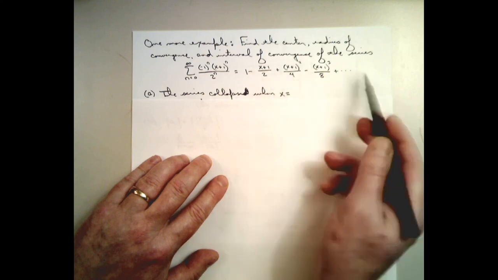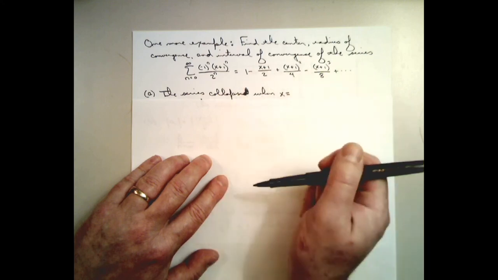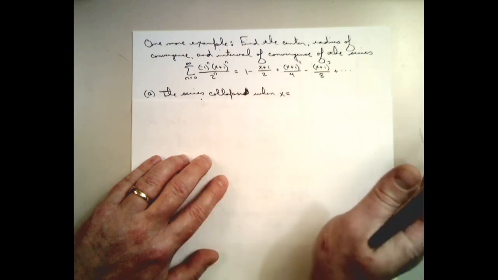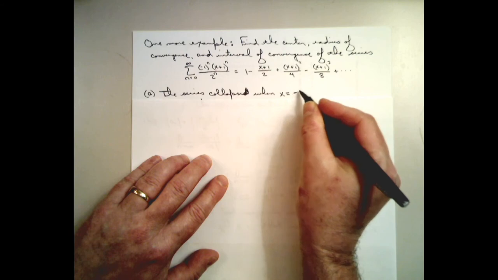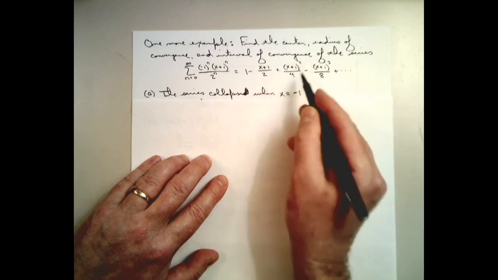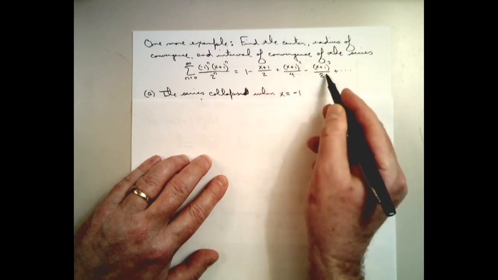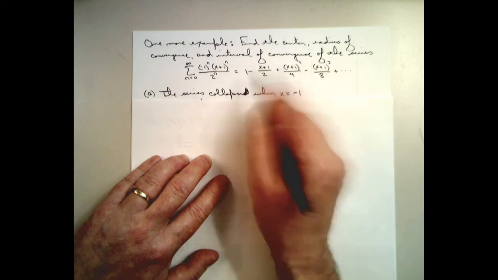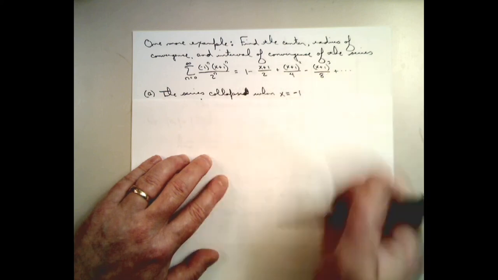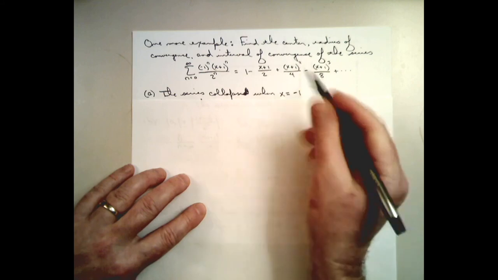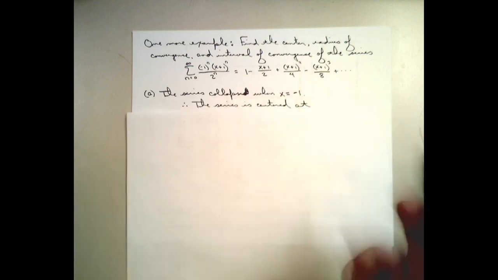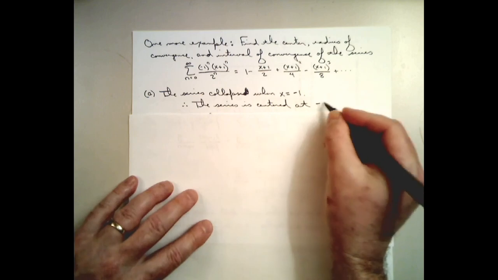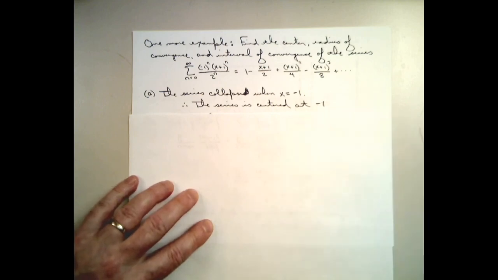Well, all the terms, except this first one anyway, go away whenever x is -1. All these terms become 0 whenever x is -1. They collapse down to 1. And so as soon as I know where my series collapses, I know what my center is. So my series is centered at -1.